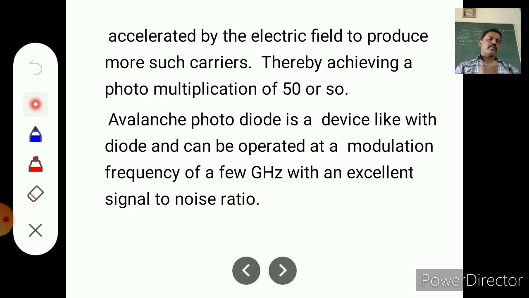So at higher frequency levels, that is in gigahertz, meaning 10 raised to power 9 hertz, in that particular instrument we use this avalanche photodiode. Depending upon the type of requirement, we can use a simple photodiode, PIN photodiode or avalanche photodiode.